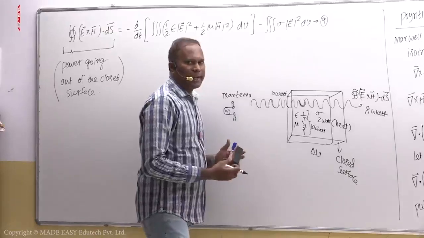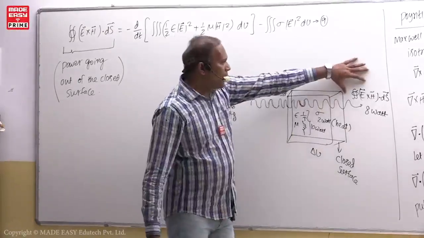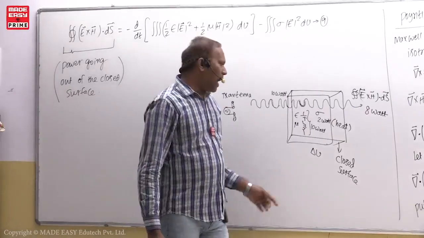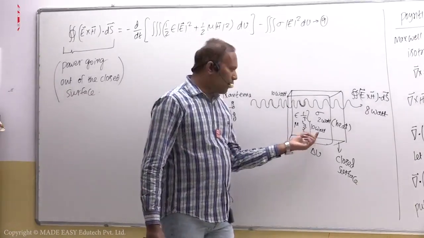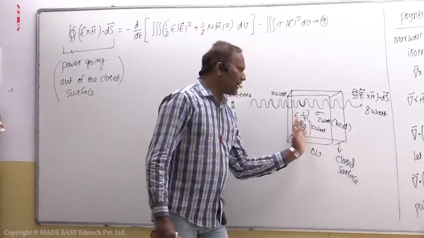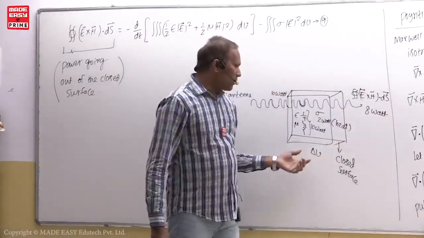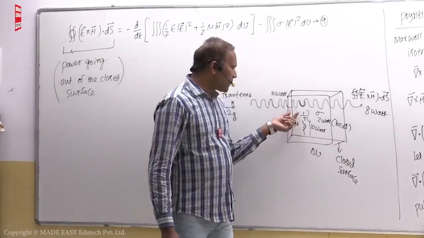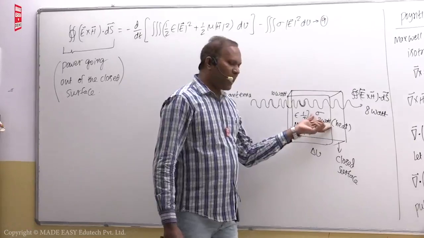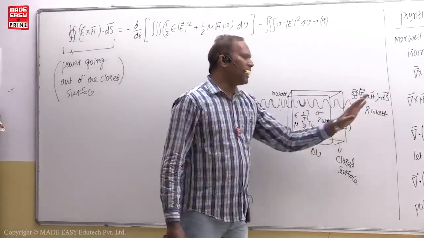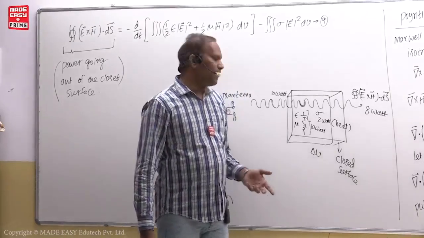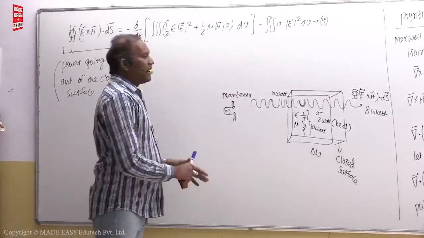Now I am concluding. The power going out of this volume is equal to how much decreased here? 10 watts. Because if 10 watts decrease here, then only that goes outside. So 10 watts of power decreased in epsilon and mu. From that power 2 watts is dissipated here and 8 watts is going out, because power can neither be created nor destroyed.